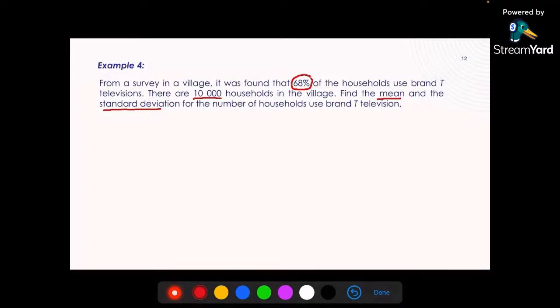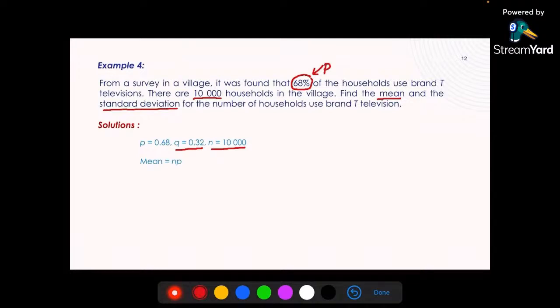Meaning those households that own brand T television are considered as the success. So this one is p, and n is 10,000. So p is equal to 0.68, q is equal to 0.32, n is equal to 10,000. Every time we want to answer this kind of question, you have to list all the information given.